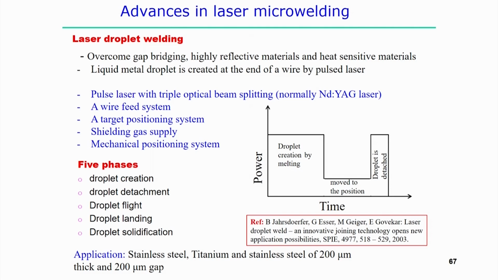A typical application is stainless steel joining of similar materials, and titanium to stainless steel, which is really very difficult to join with conventional welding processes.